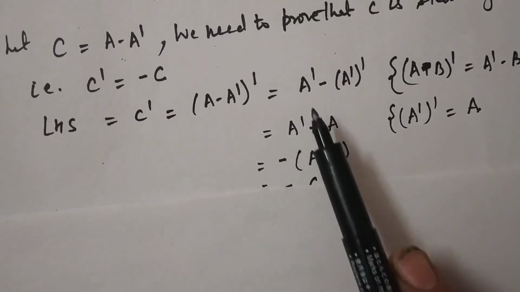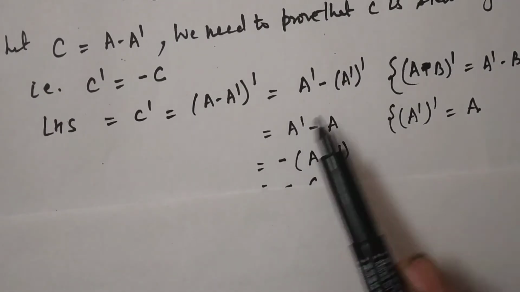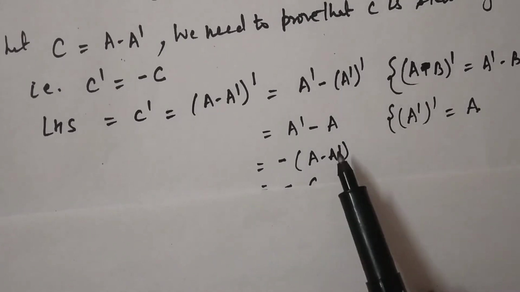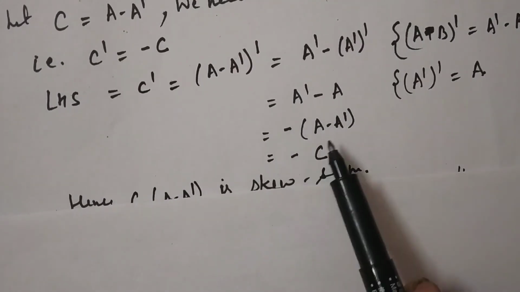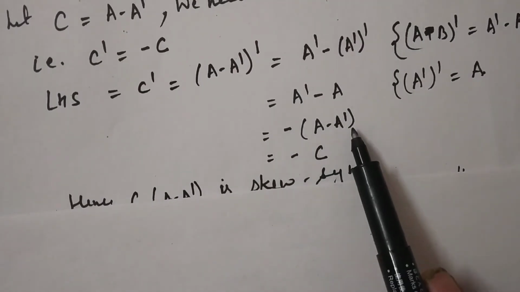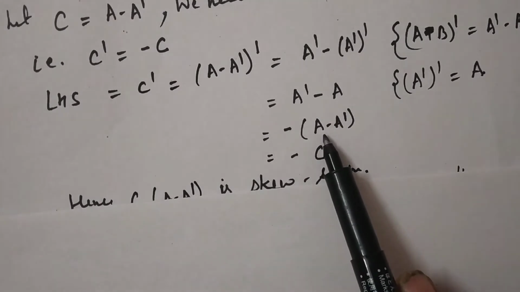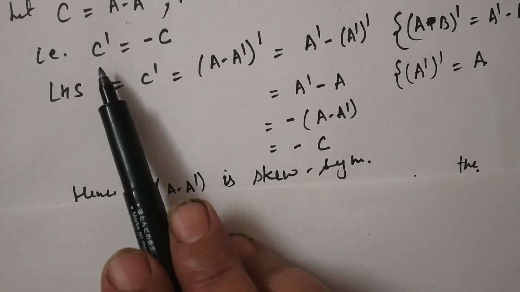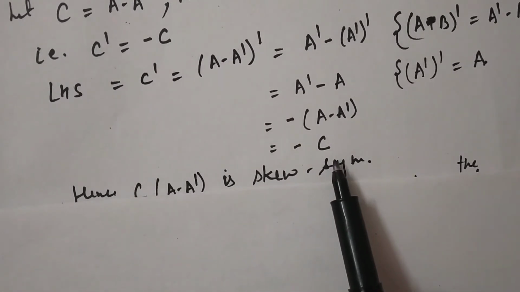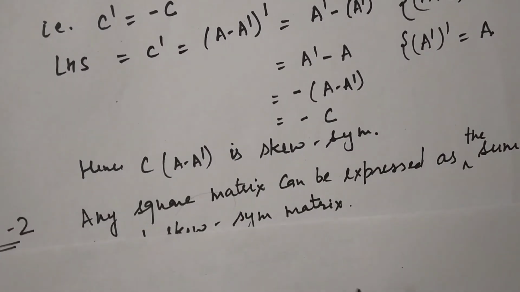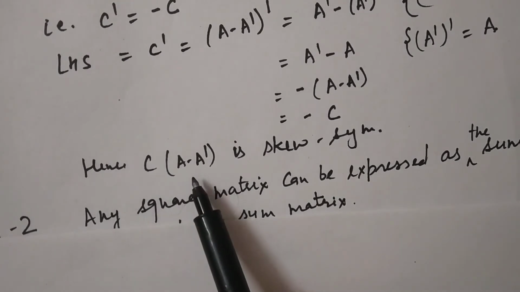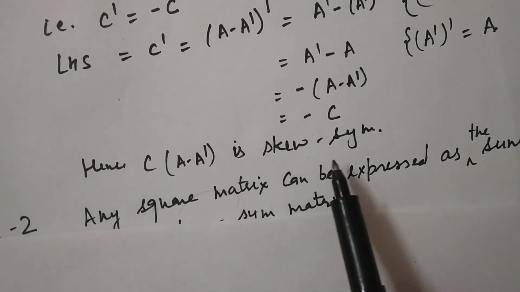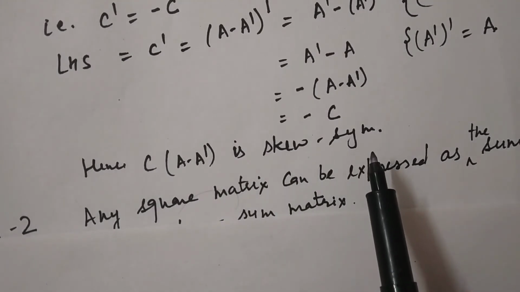So then it comes out to be A transpose minus A, and if I take minus common I get minus of A minus A transpose. And what was my A minus A transpose? It was C. So hence I obtain C transpose is equal to minus of C. So I can see here that C, A minus A transpose, is a skew symmetric matrix.